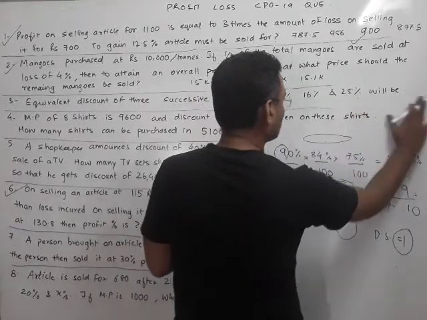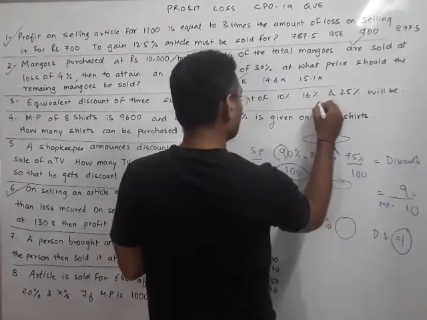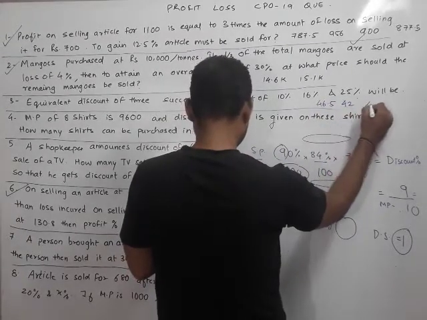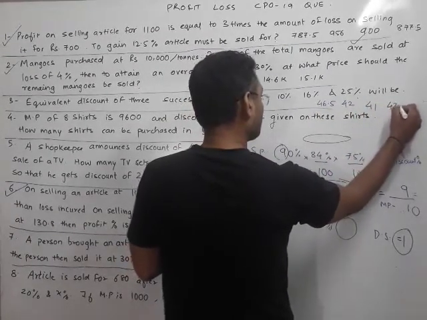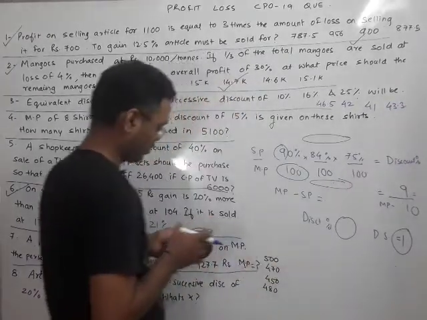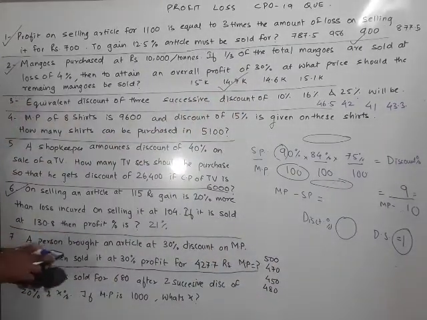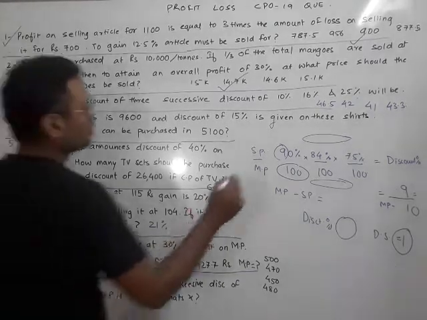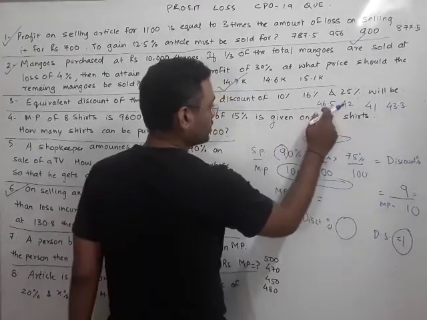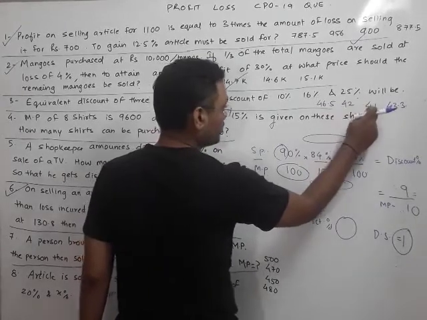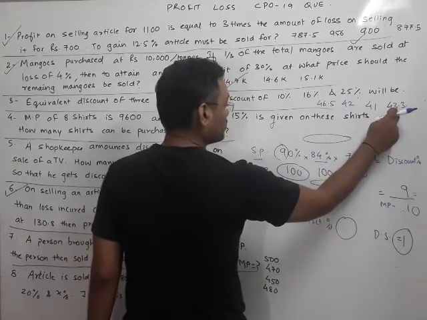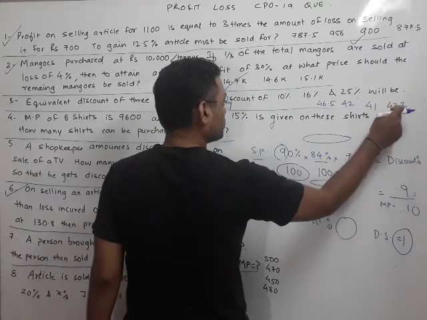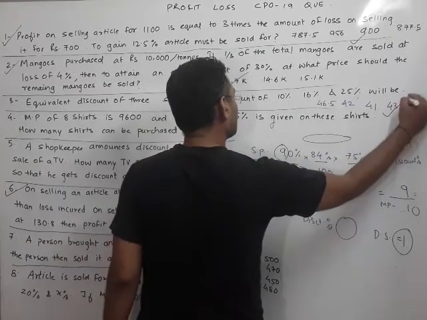Options are 46.5, 42, 41, 43.3. So if you see, this is DS of 6, this is DS of 8, 5, this is DS of 1, and this is the answer.